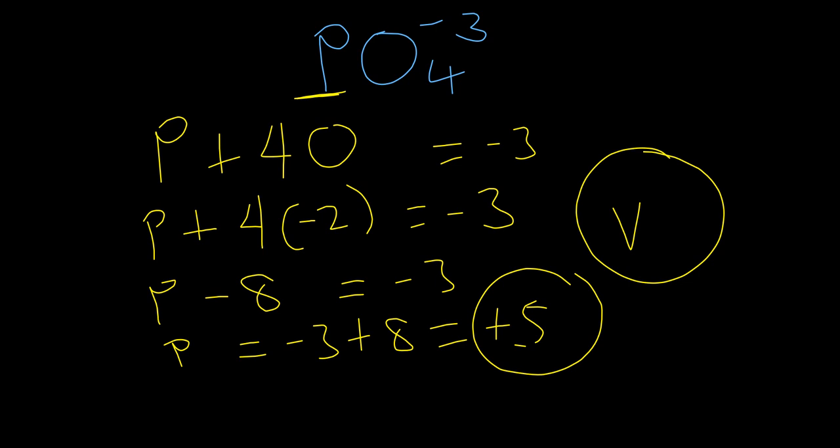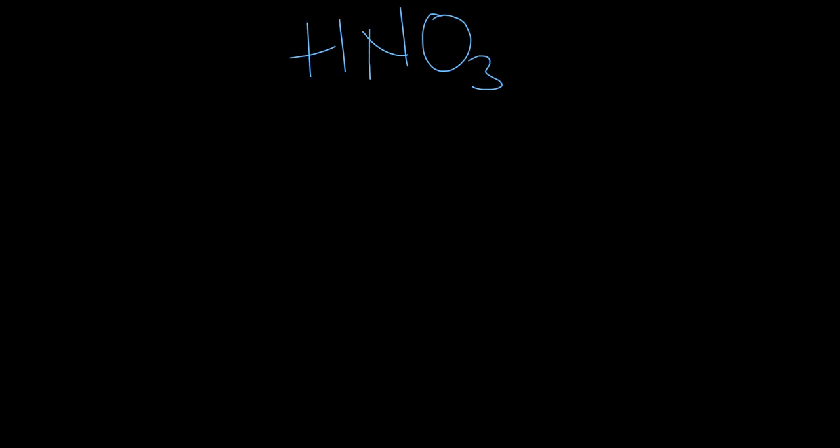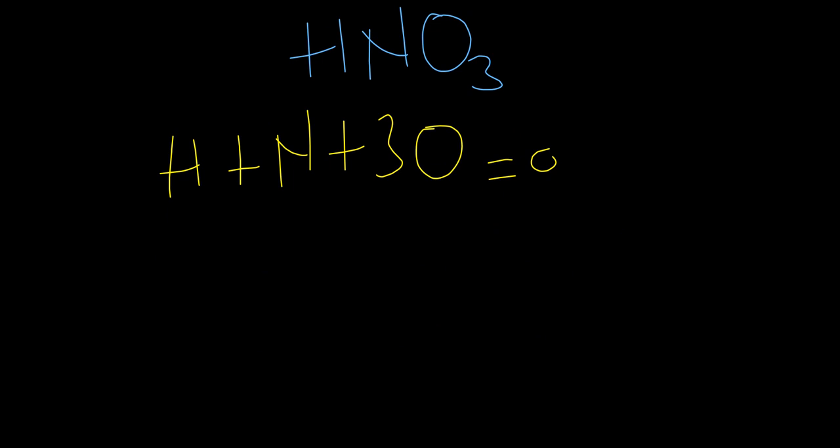So here we'll be looking at HNO3. So here the charge on this compound or molecule is clearly 0. It is made up of hydrogen, 1 nitrogen, and 3 oxygens. The charge of hydrogen is usually 1, plus the nitrogen.